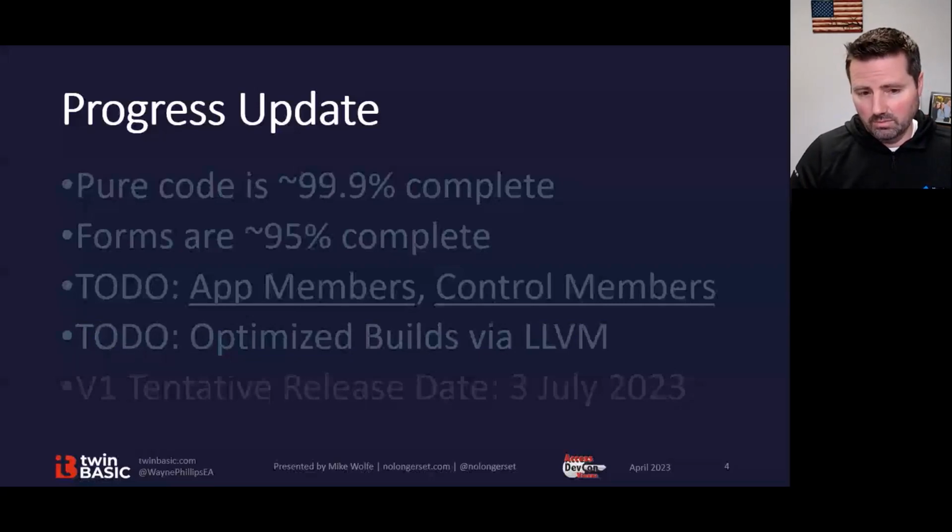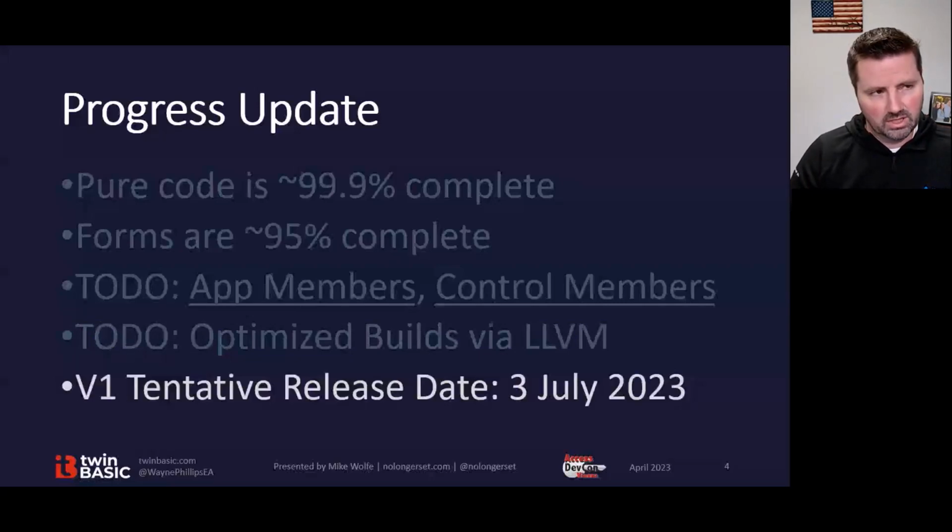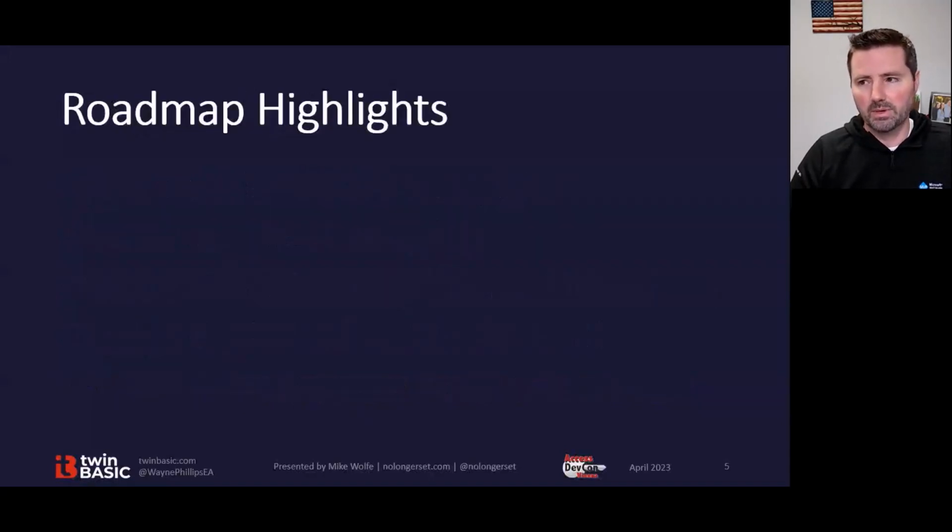Right now, as far as I know, and it's been a couple months or a few weeks since this was updated, so this may have changed, but currently the official tentative release date is July 3rd of this year for version 1. And again, version 1 is really focused on that Visual Basic 6 100% compatibility. And then once that's out the door, some of the really exciting features can start to show up.